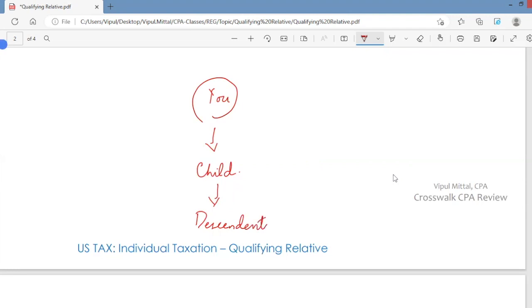So you want to claim an individual as your qualifying relative, and that individual is your grandson, granddaughter, or great grandson, or great granddaughter. You may claim that individual as your qualifying relative. So you may claim your great grandson or your granddaughter as your qualifying relative.